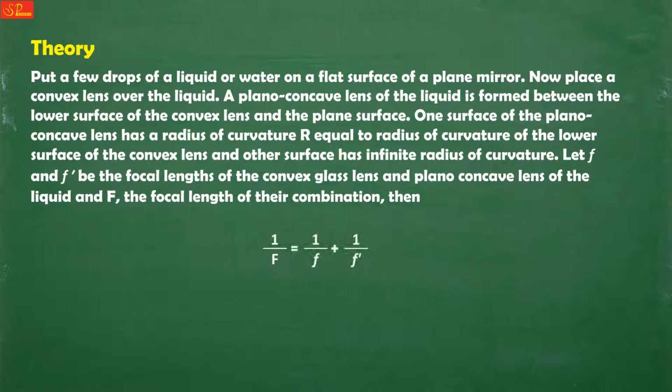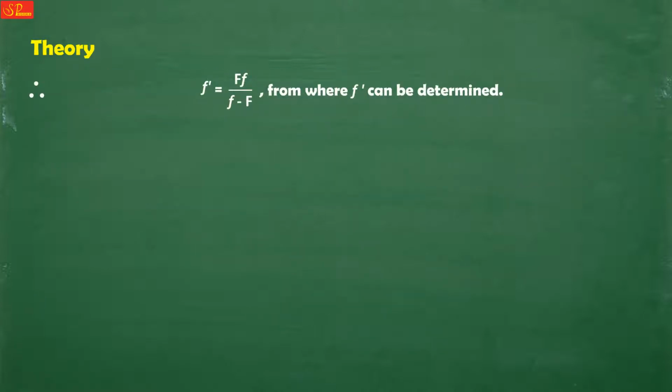Then 1 by F equals 1 by f plus 1 by f dash, or 1 by f dash equals 1 by F minus 1 by f, equals f minus F by fF. Therefore, f dash equals fF by f minus F, from where f dash can be determined.